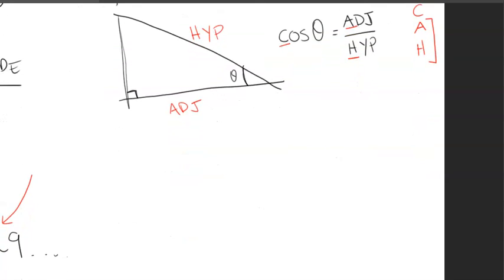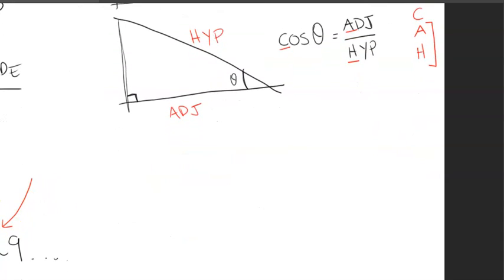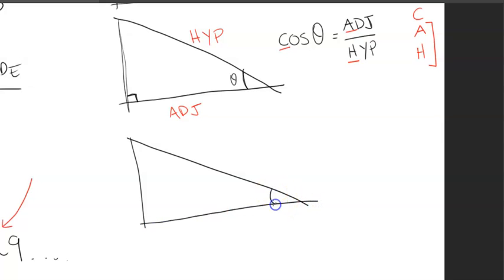And there's one more, lastly, and you can see it on your calculator if you haven't seen it yet. If we have a triangle like this, theta, right angle, and the two sides that have been given to us are the opposite and the adjacent, we say that tan of the angle is equal to opposite over adjacent.